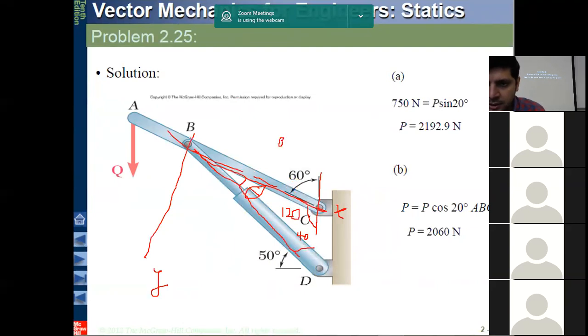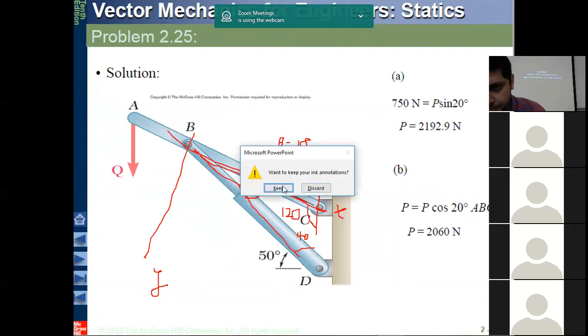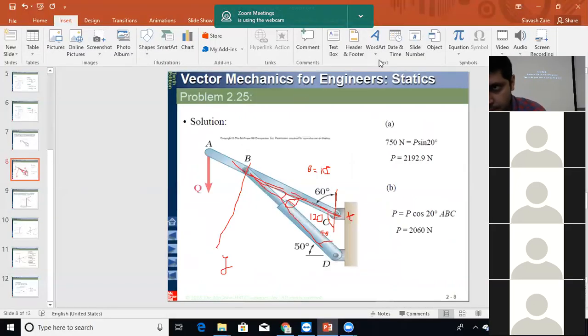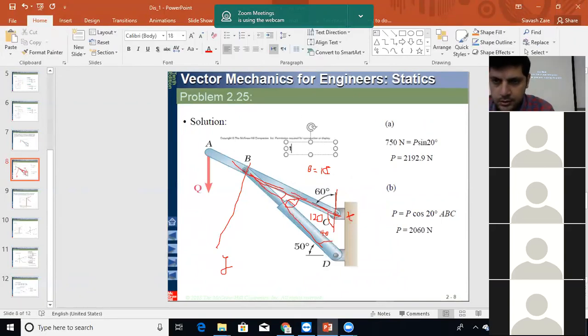So theta would be 180. All right, let me see. So theta is actually 180 minus 40 minus 120. Okay.